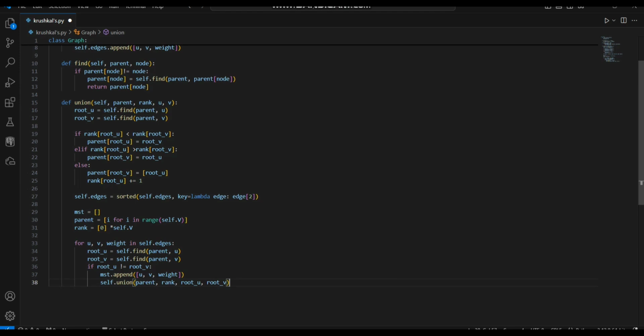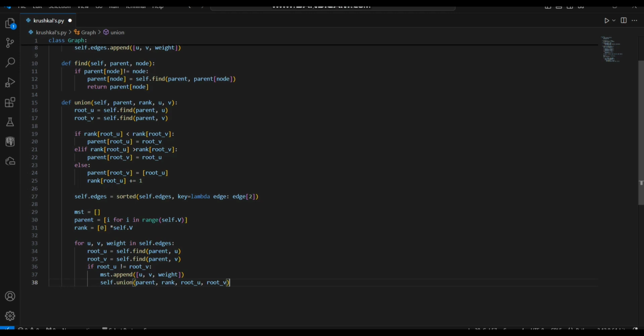If root u is not equal to root v, mst.append, we need to add into the minimum spanning tree u, v, weight.